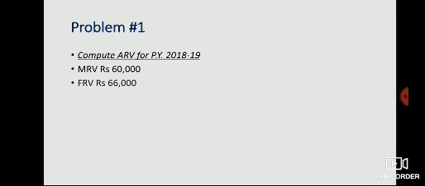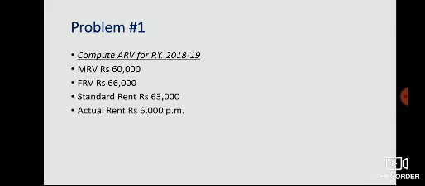This is your problem number 1, which we will be solving. In this problem, we have to compute the ARV for the previous year 2018-19. MRV given is 60,000, FRV 66,000, standard rent 63,000, actual rent is 6,000 per month. Date of completion of the house property is 31st of May 2018.